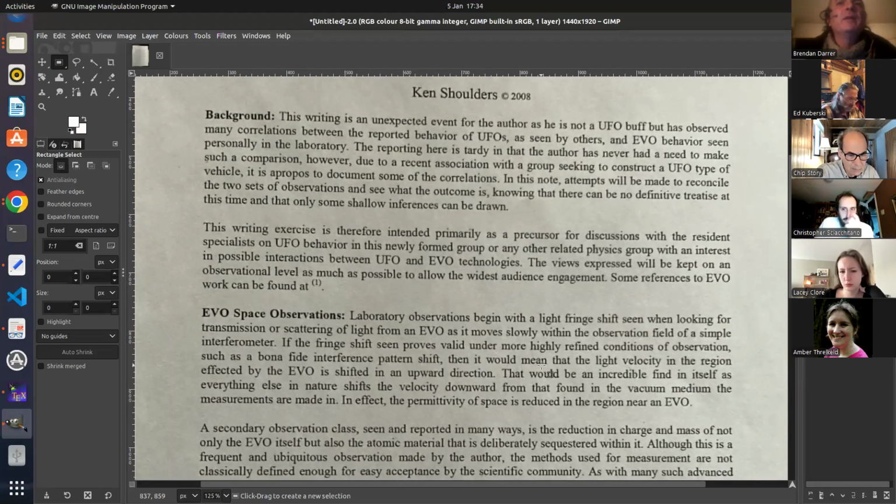then it would mean that the light velocity in the region affected by the EVO is shifted in an upward direction.